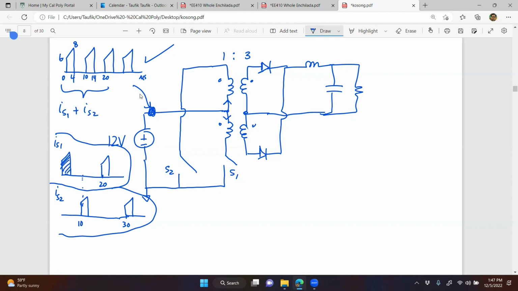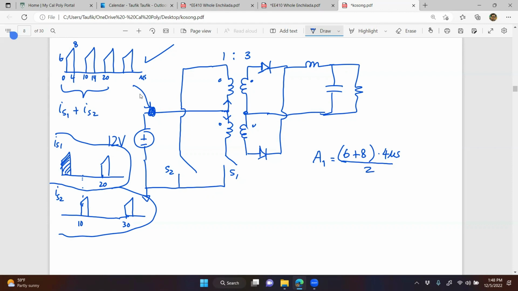Well, I know the points right there, 6, 8, 0, and 4. So the area of the trapezoid is equal to the sum of the heights, that's 6 plus 8, times the base, that's 4 microseconds, divided by 2.